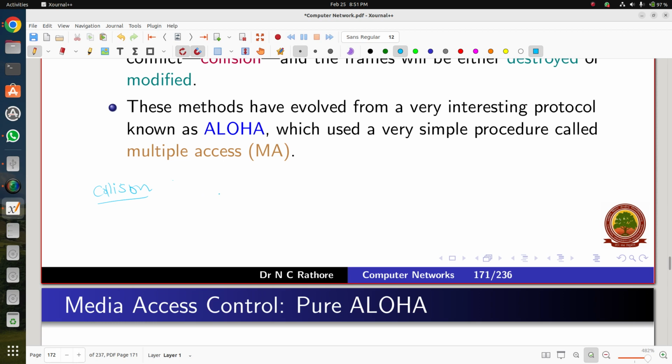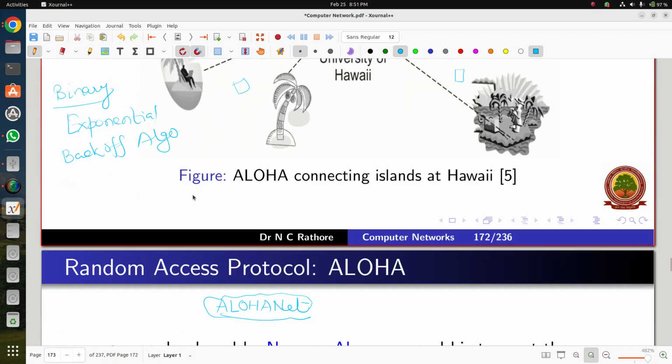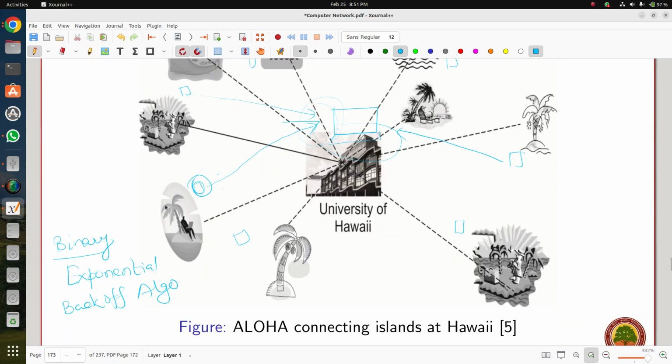What will be the random time? You know that the ALOHA protocol has a frame transmission time, the time required to transmit a frame, and then the RTT, that means you send the frame and a reply comes back. So this time you can call TF, the frame transmission time.